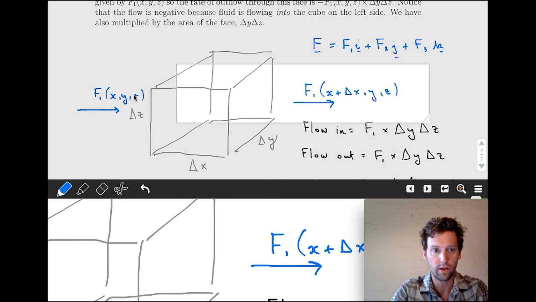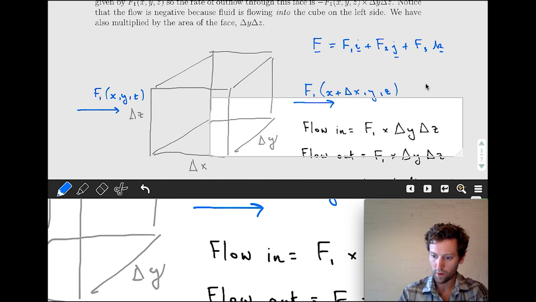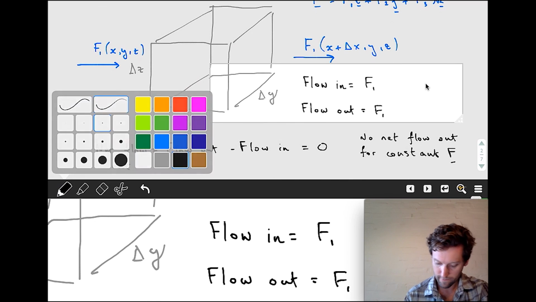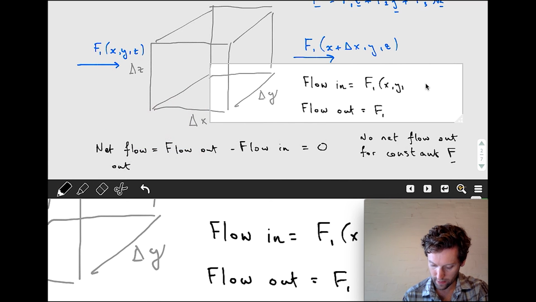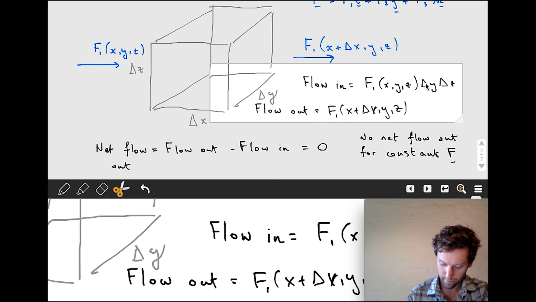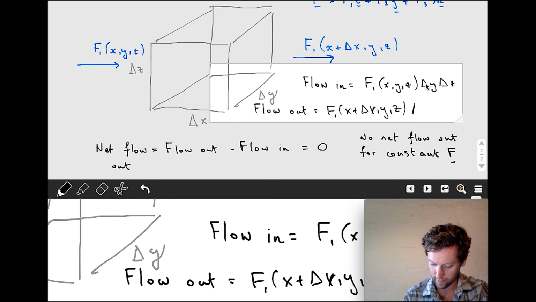So the flow in is going to be F1 of X, Y, Z, and the flow out will be F1 of X plus delta X, Y, Z. So in this case, we have a net flow. We've got F1 at X, Y, Z times delta Y, delta Z, and F1 at X plus delta X, Y, Z multiplied by delta Y, delta Z. So what is now the net flow out?